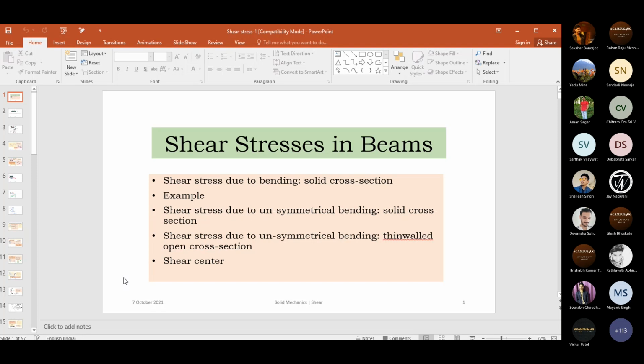Okay. Now let us see what would be the shear stresses due to bending actually. While deriving the relation between stresses due to applied bending moment, which we said is constant throughout the length, what we did was we attacked the problem by assuming the strain distribution.